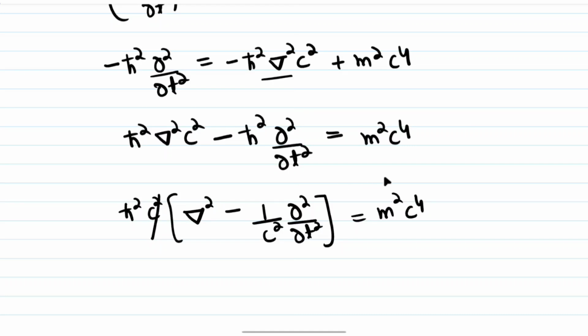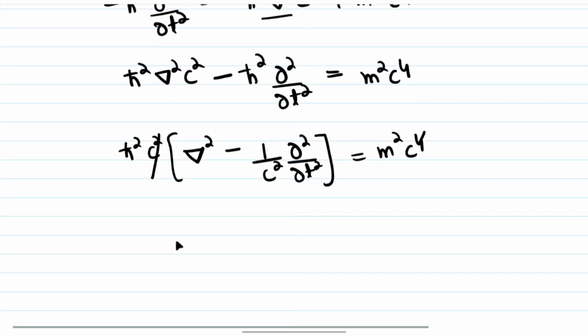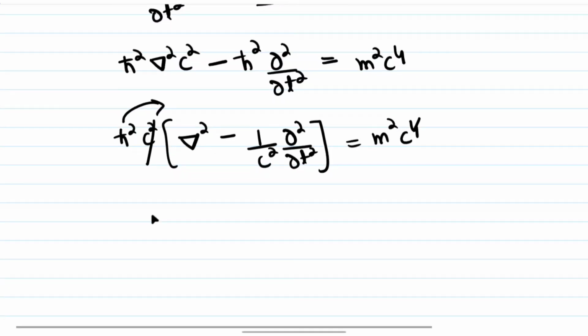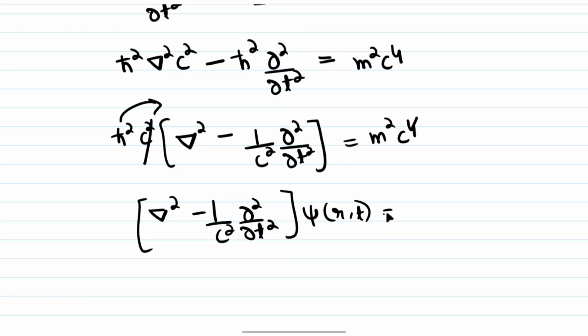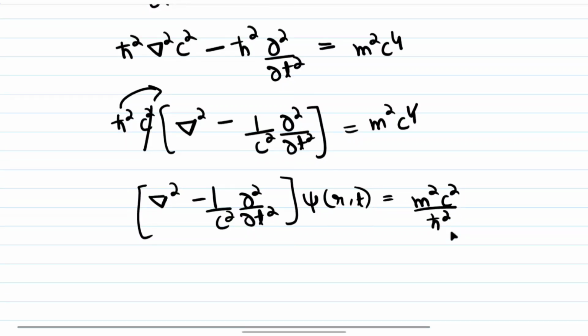This c square cancels with this c. Then if we send h cross to the RHS, we get del square minus 1 by c square dou square by dou t square, multiplying the wave function, equals m square c square by h cross square.